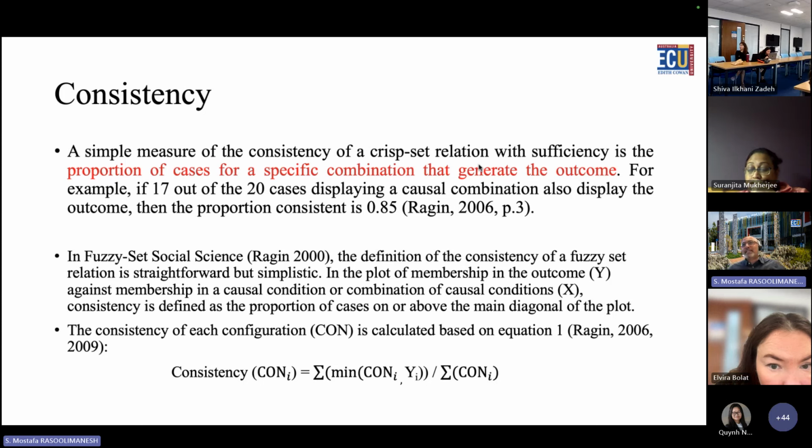And in fuzzy set, this is the formula that we use to calculate consistency. So consistency of configuration 1 is the summation of the minimum of the value of configuration and the value of outcome, divided by the summation of the value of configuration. Based on this, we can calculate consistency.